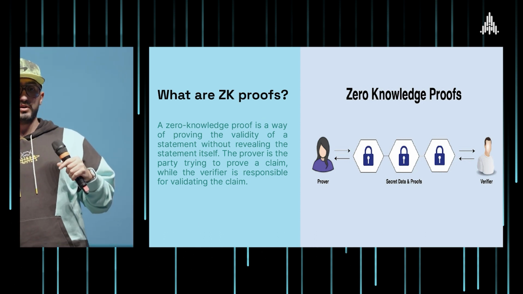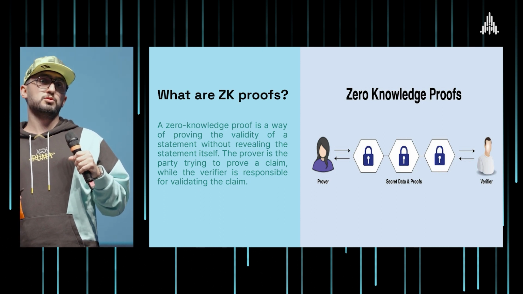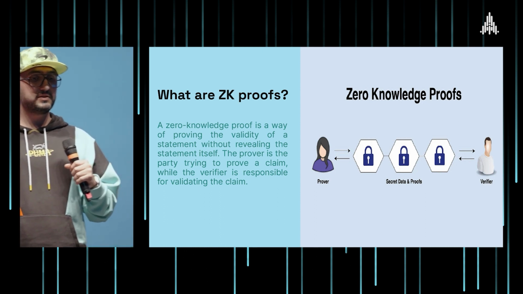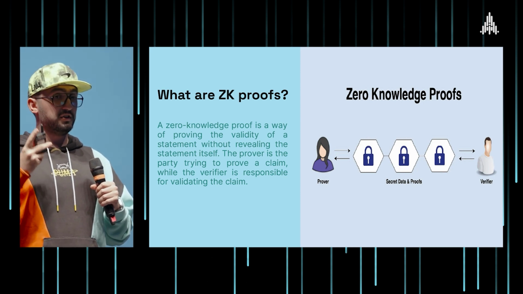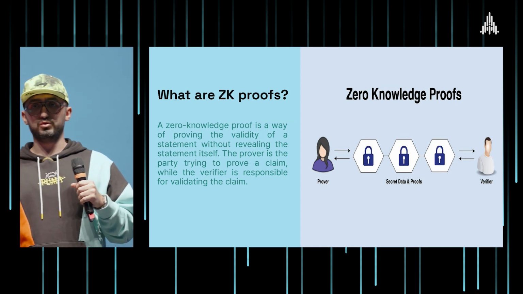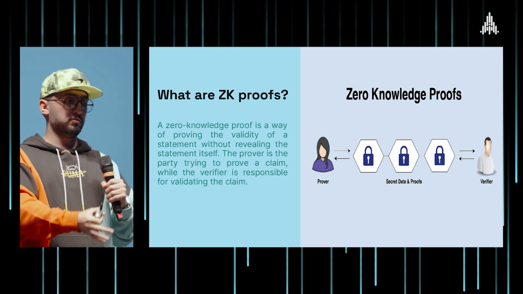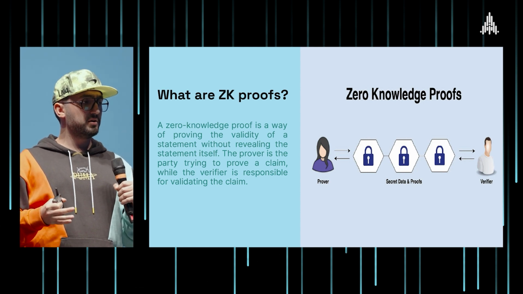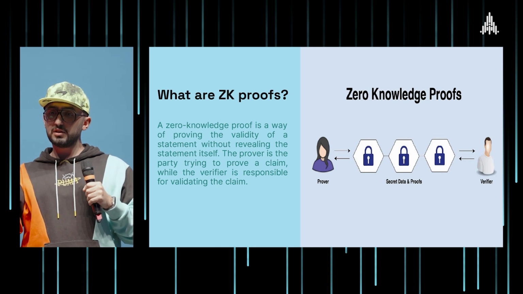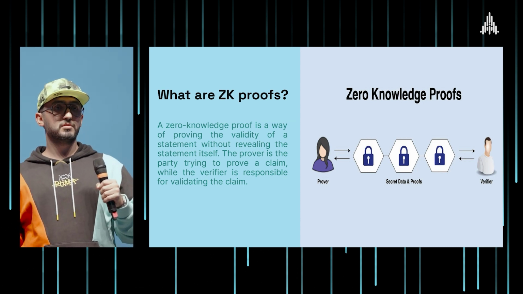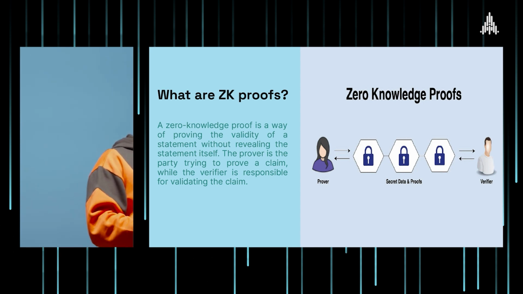Zero knowledge proofs are proofs where you don't have to give any information to the verifier, but you can still convince them that you have the true witnesses, which are our values. It's the most common example: you say, I know the result of this puzzle, and they say, okay, I am convinced that you know this. This is basically what zero knowledge proves.